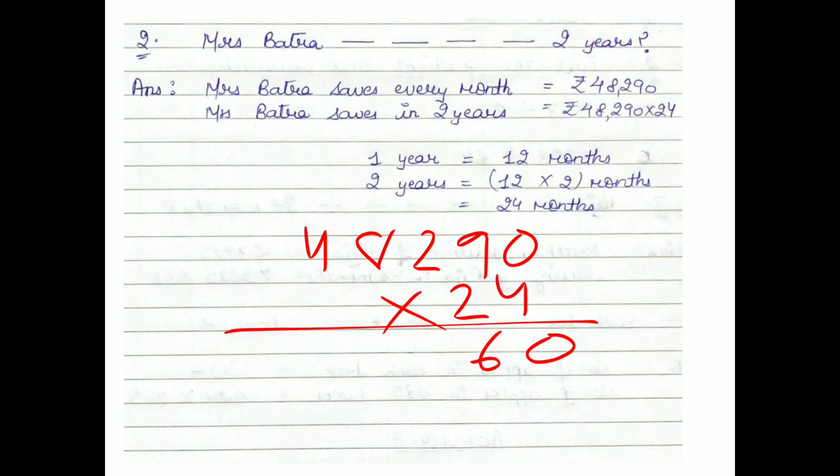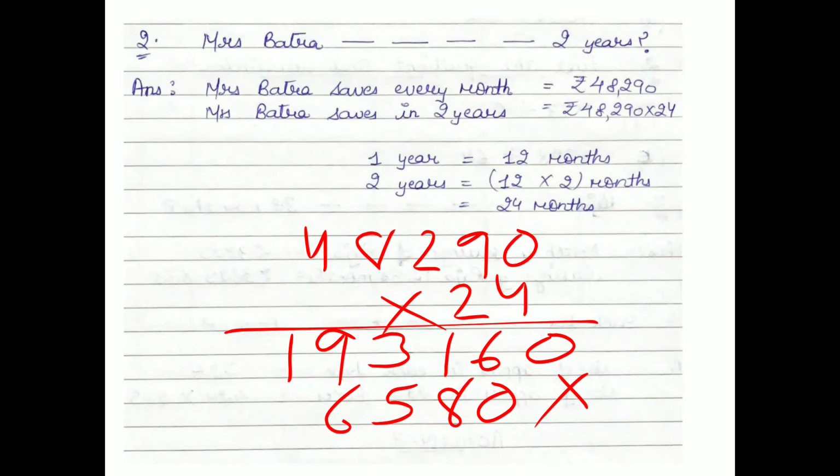4 nines are 36. 4 twos are 8 11. 4 eights are 32 33. 4 fours are 16 plus 3 19. Now do with 2. 2 nines are 18. 2 twos are 4 plus 1 5. 2 eights are 16. 2 fours are 8 plus 9.